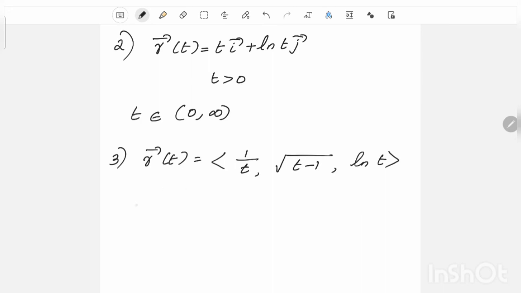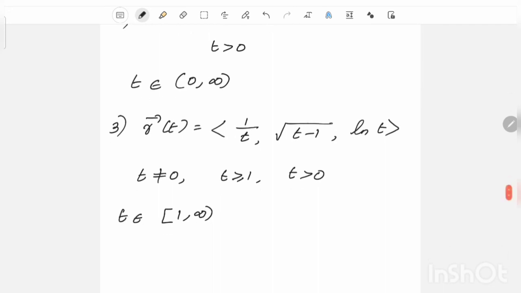Here 1/t is defined where t is not equal to 0. √(t−1) is defined where t is greater than or equal to 1, and ln t is defined when t is greater than 0. Considering all these, the largest possible subset of the real line in which all these functions can be defined is the closed interval [1, ∞). Therefore, the parameter interval here is [1, ∞).